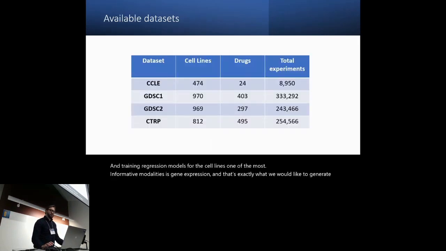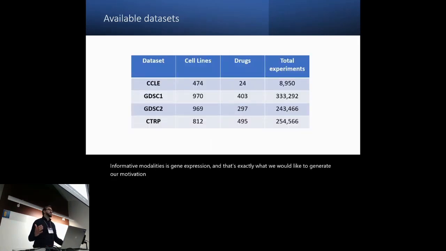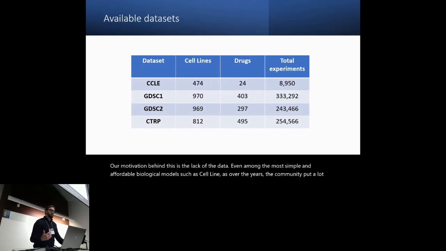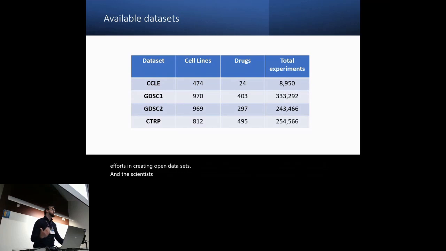The motivation behind this is the lack of the data even among the most simple and affordable biological models such as a cell line. Over the years, the scientific community put a lot of efforts in creating open data sets, and the scientists conducted thousands of experiments.